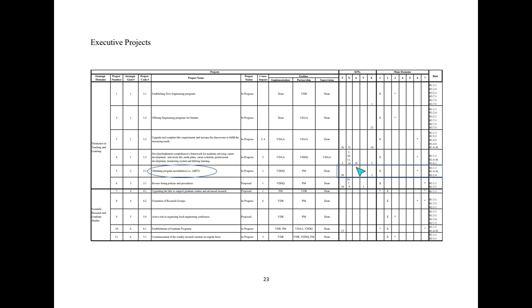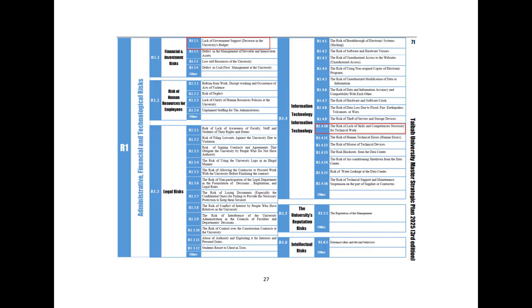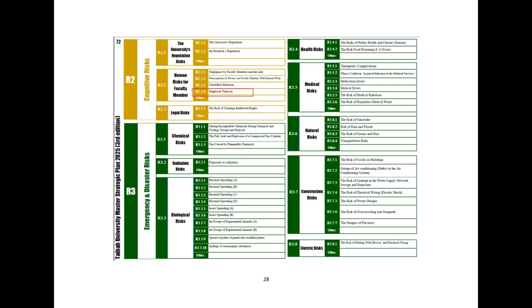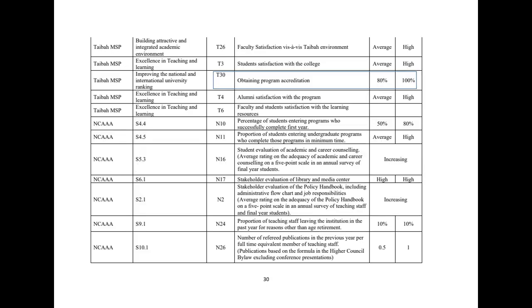So we will start with KPI T30 and KPI E3. Those are the key performance indicators for this project. Let's go and read them. Those are the risks, and we will get back to them. But let's start with the KPIs. This is the first one here.